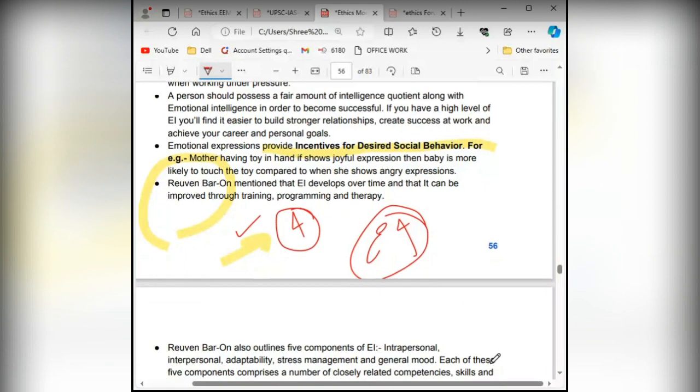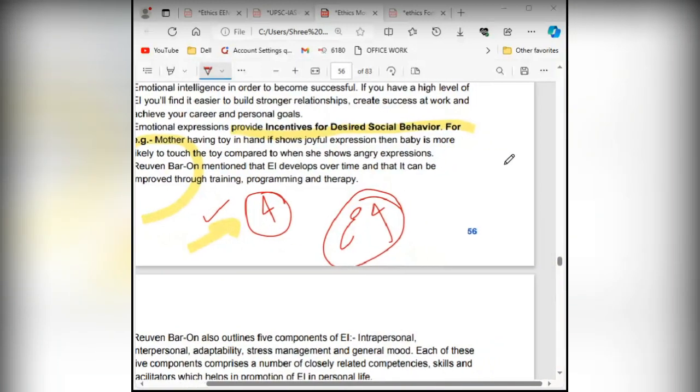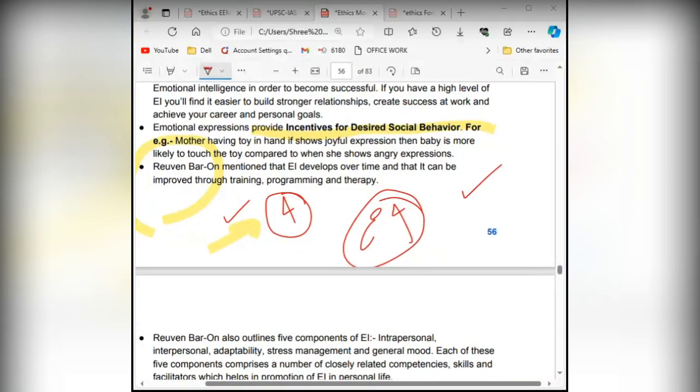Today is the day, you can prepare today and tomorrow, and on 28th in the morning session, at around 12 p.m. or 1 p.m., you would be having the test. Am I clear? Please prepare for the test so that if you do well, we can move to the next topic.